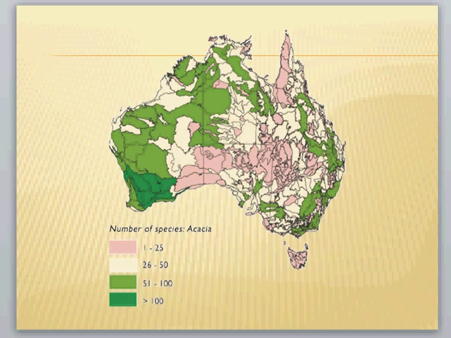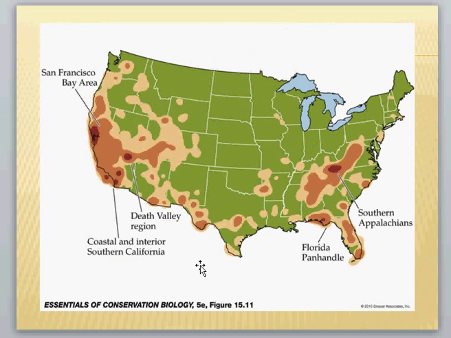By the same token, this is species richness, I think, of reptiles in the United States, and the areas with the highest diversity are the higher rainfall areas on the coast, in the tropical Florida area, and also in the Appalachian Mountains.